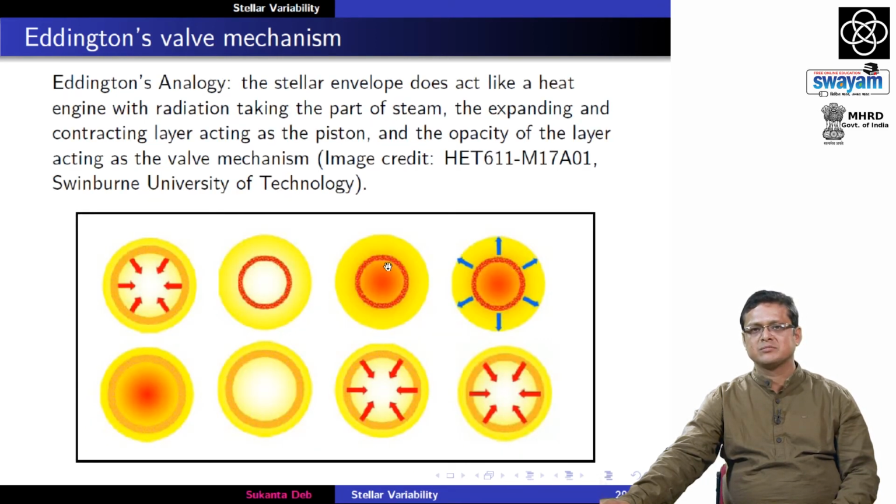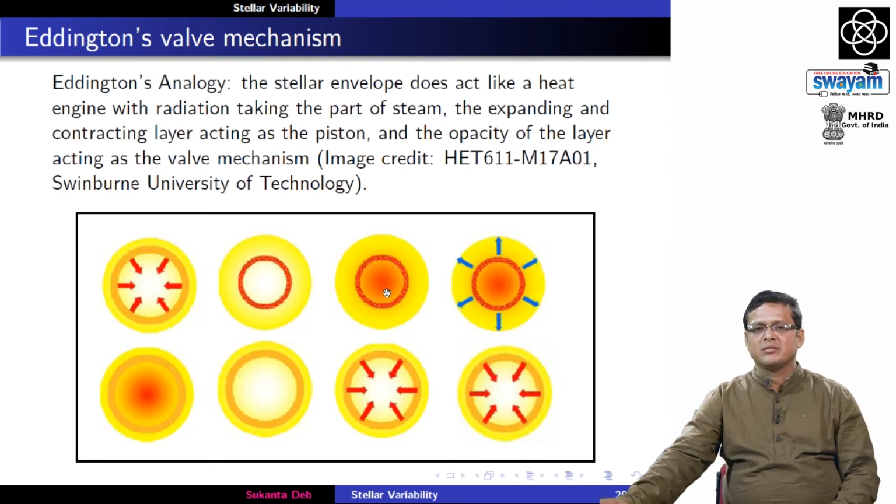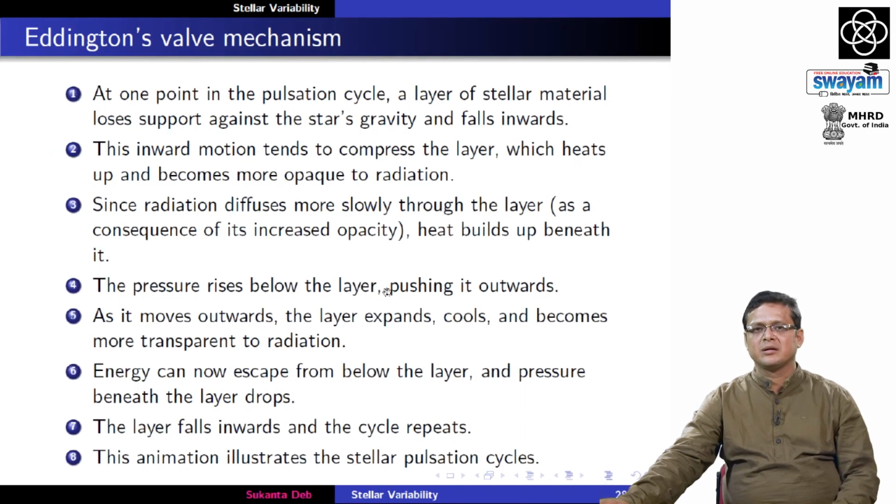Because of the increased opacity in these layers, the radiation is trapped inside and the pressure within the layer increases. At one point of time the pressure rises in such a way that it pushes the layer outwards.